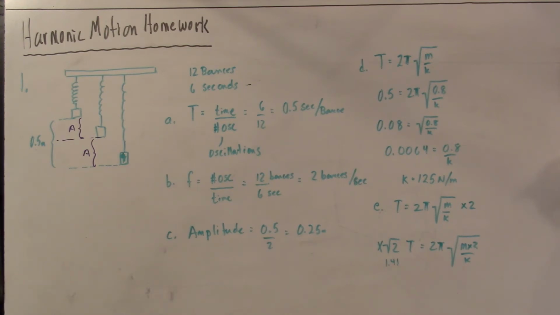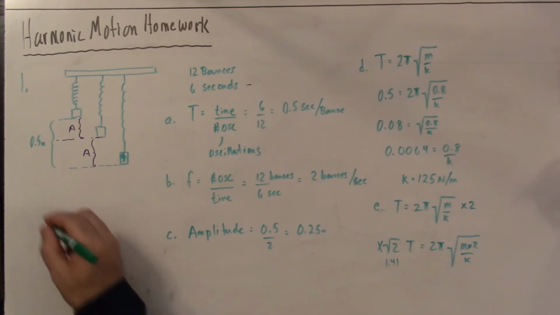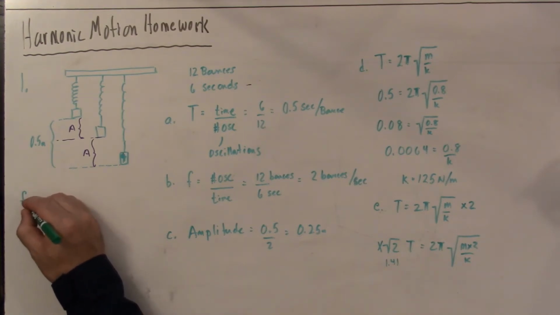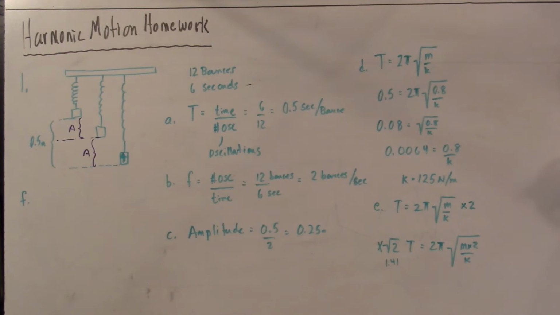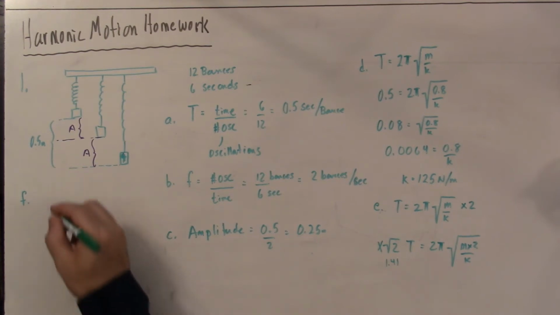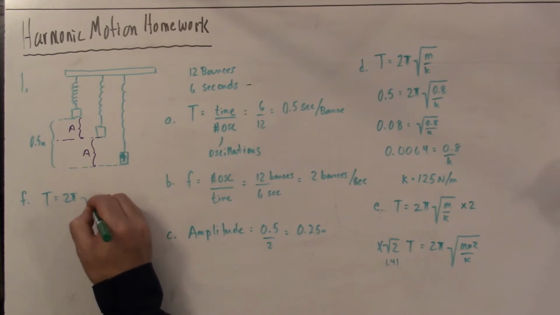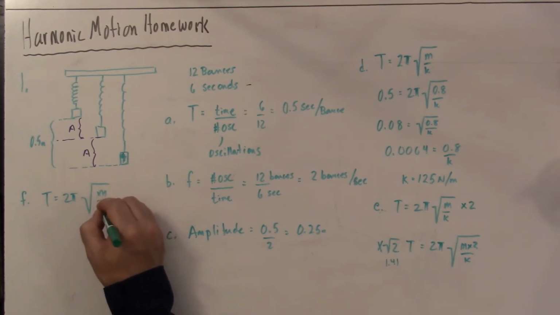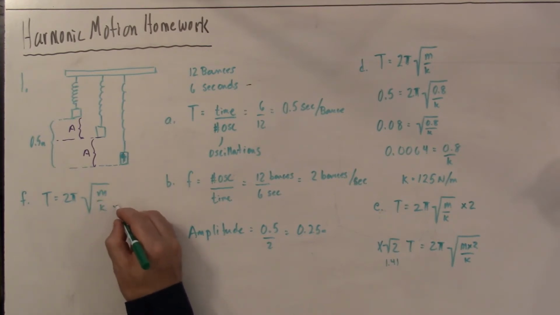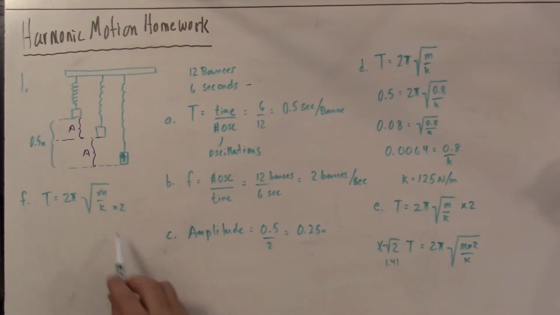Similarly, I'll do F over here, where I have some room. F says, what would happen if you were to double the spring constant? Same equation. If you want to take k and multiply by 2, again, k is in the square root, and it's in the bottom.